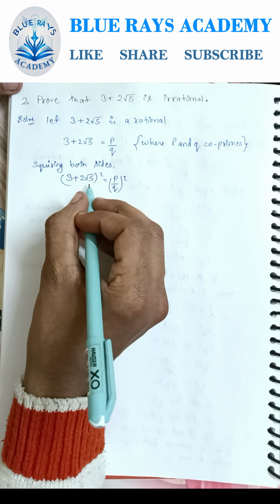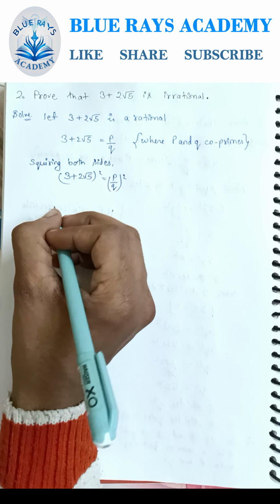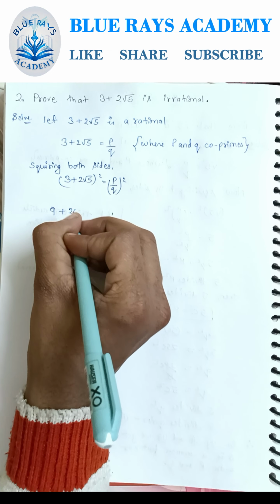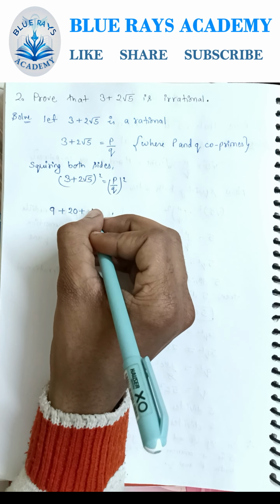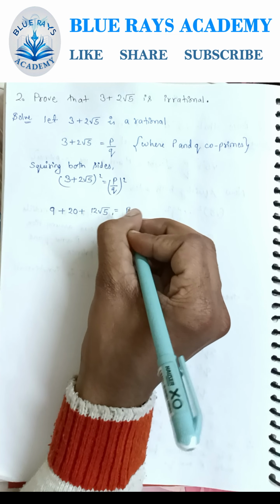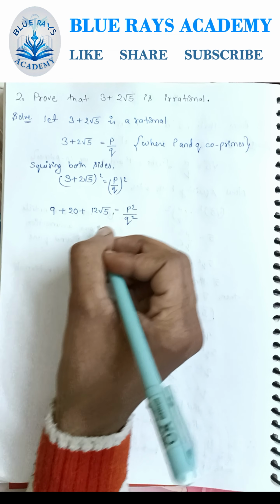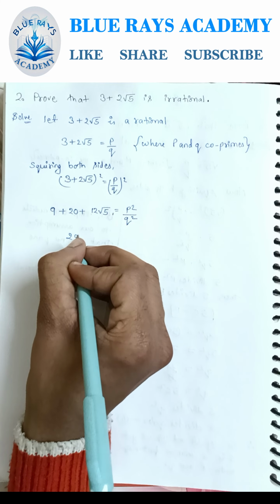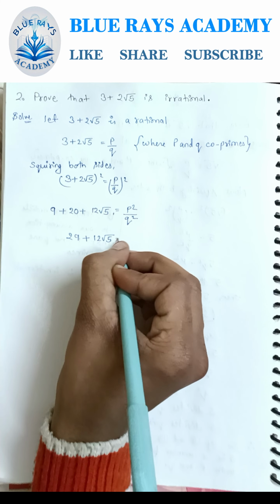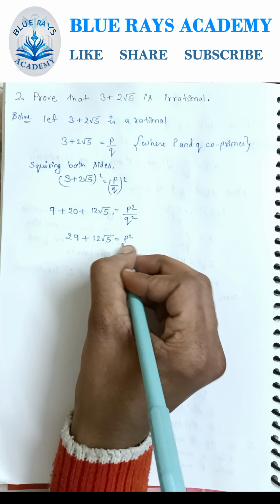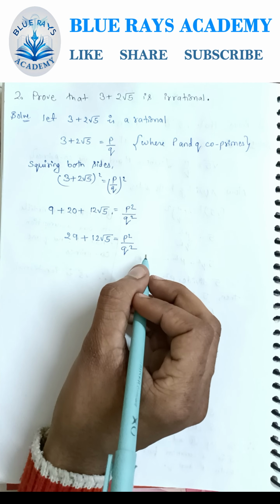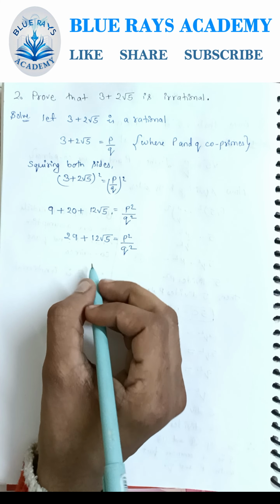We will use the formula a plus b whole square. Now, solving the further equation, we will move 29 towards the right hand side.